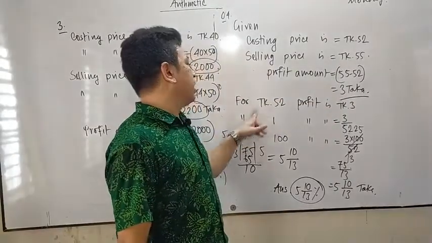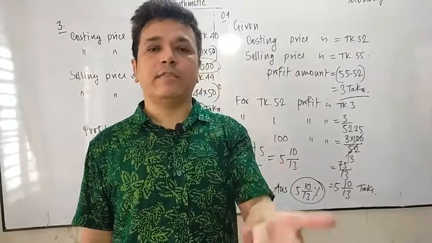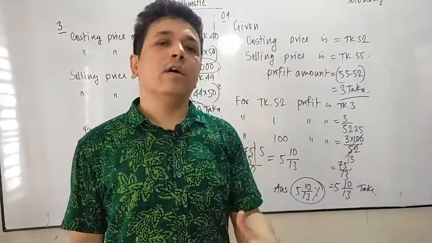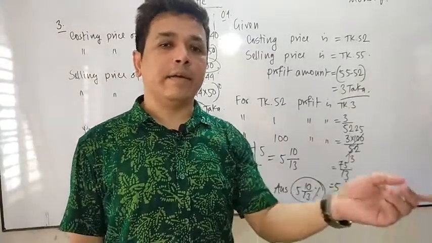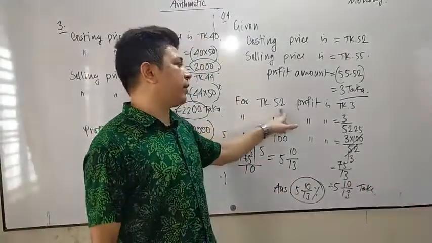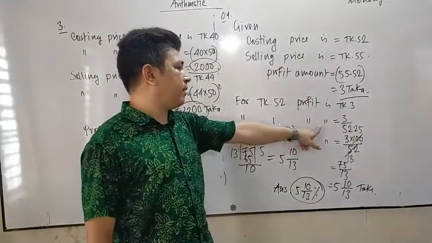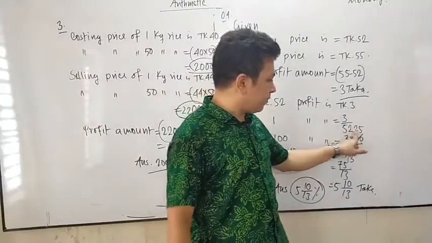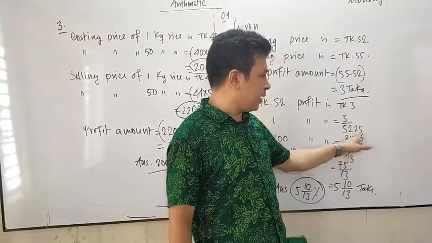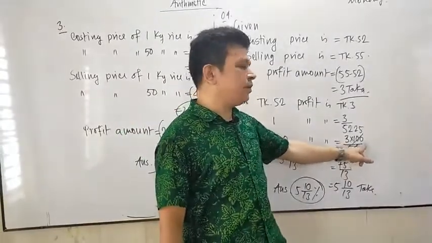The percentage of profit margin or loss is always related to the buying price. So for 52 taka the profit is 3 taka, for 1 taka the profit equals 3 divided by 52. That is not a part of 52, we get it from 100. So for 100 taka it is 3 divided by 52 into 100.